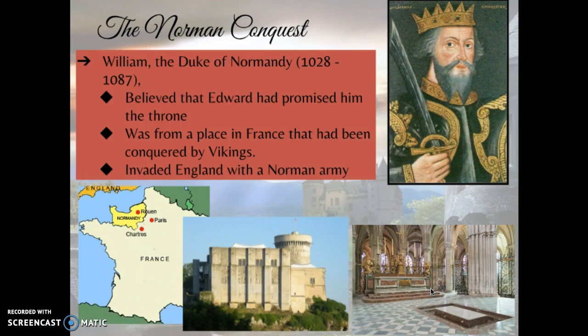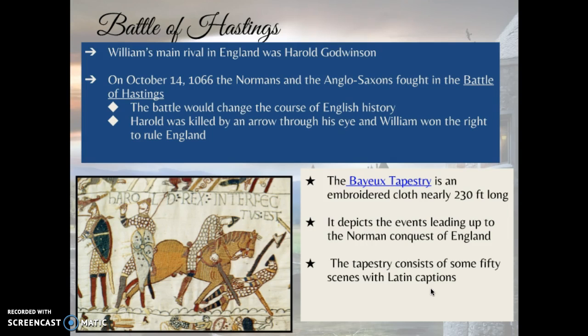Okay, all right. However, he did have a rival in England, Harold Godwinson, who also believes he should be the king and has a relation to Edward the First. So that doesn't stop William, the Duke of Normandy. He lands in England, and on October 14th, 1066, it's a handy date to know, is the Battle of Hastings.